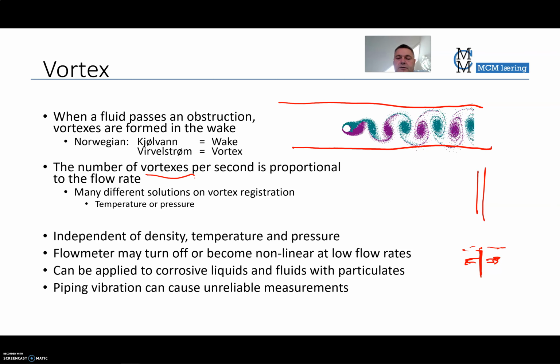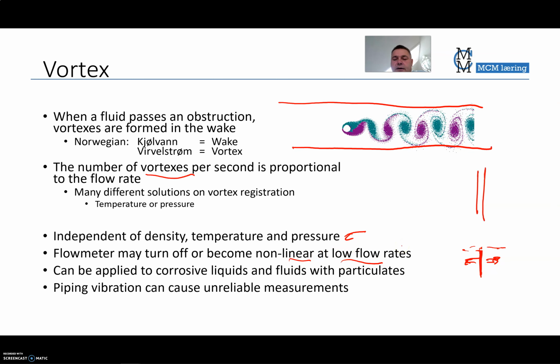The principle here is very much like a flagpole: you see the flag behind it will follow the vortices that form behind the flagpole. It is independent of density, temperature, and pressure, but flow meters may turn off if you have non-linear flow or a very low flow rate.